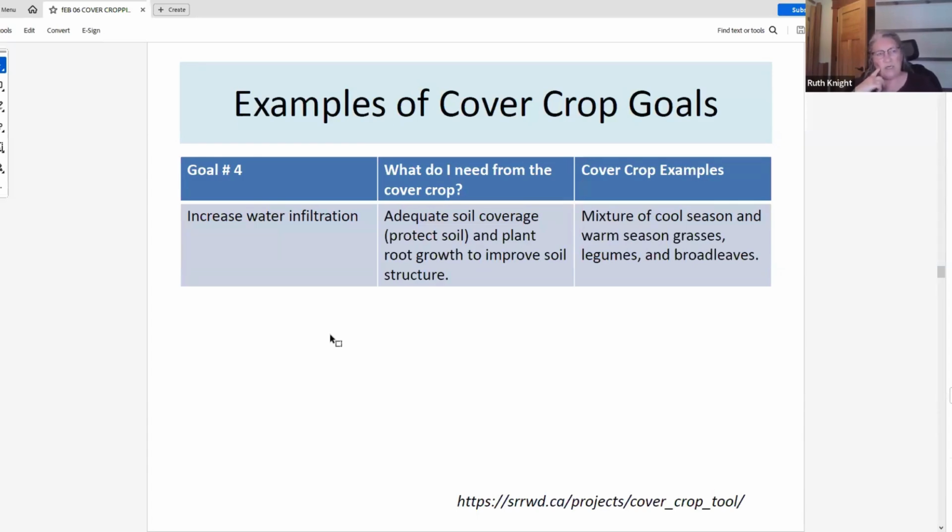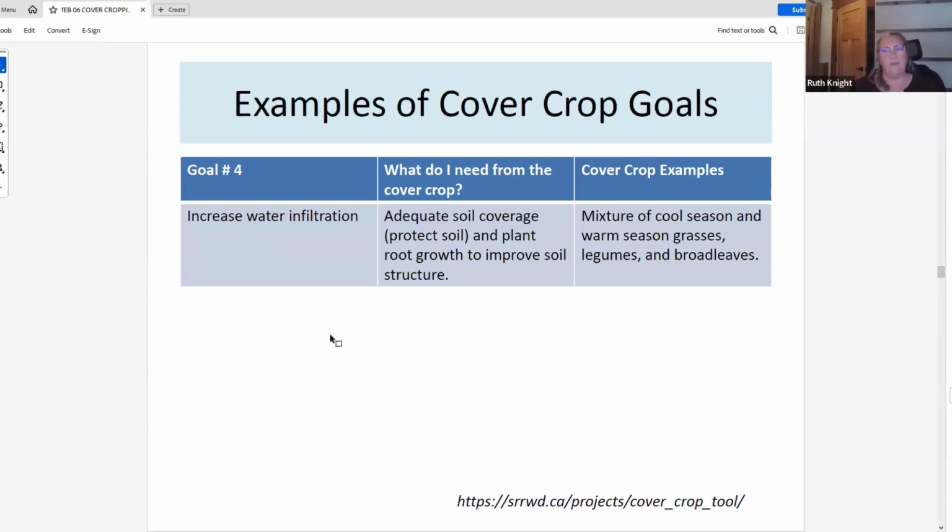Another example is if you're trying to increase water infiltration. There's two aspects to improving water infiltration. One is reducing the crusting on the soil, so that's where you have plant coverage. And the other one is in terms of the physical structure of the soil to allow the pore structure to be able to accept water.